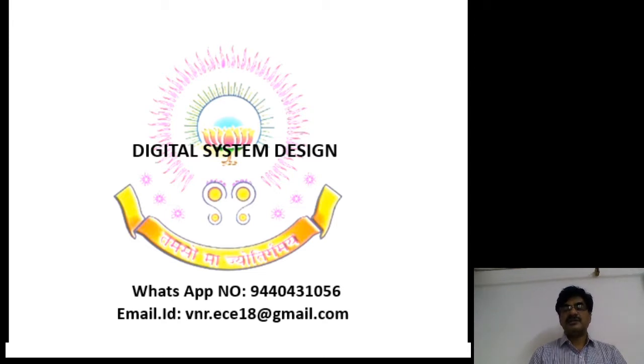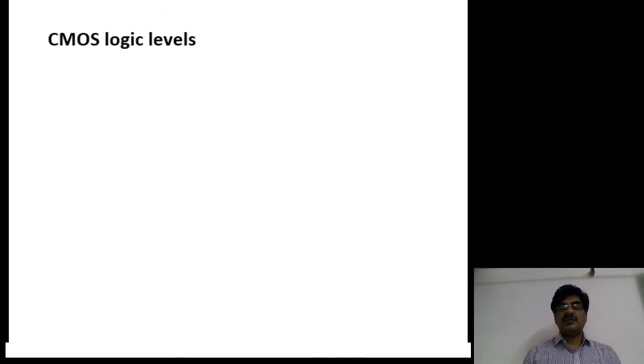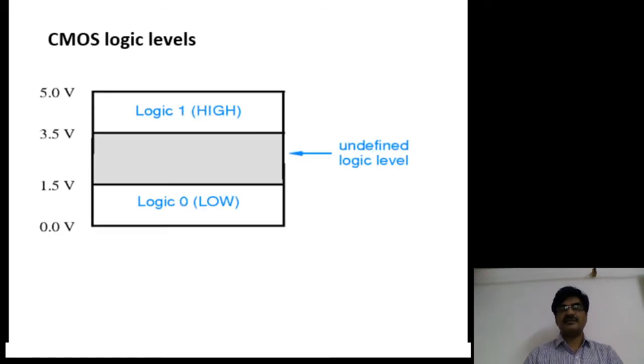Now in this session, let us see first of all CMOS logic levels. Applying logic 0, logic 1, what does it mean? That means applying a voltage value to the logic 0, similarly a voltage value to the logic 1. But these are not fixed voltages generally, they are ranges of voltages.